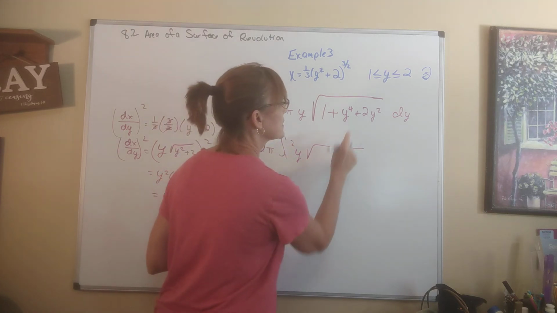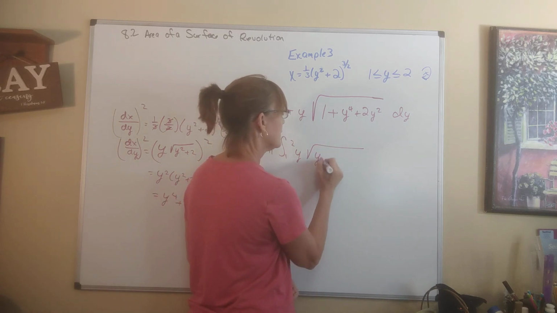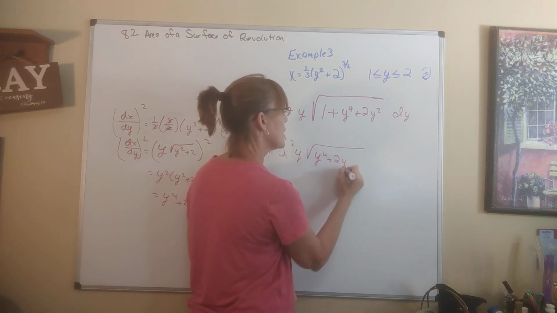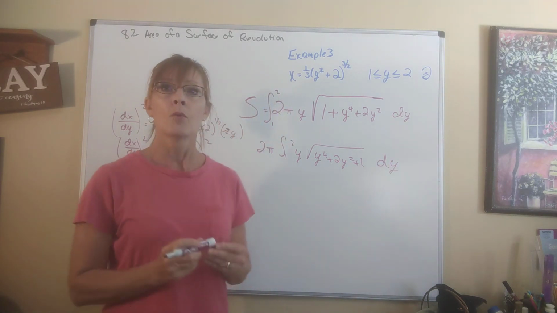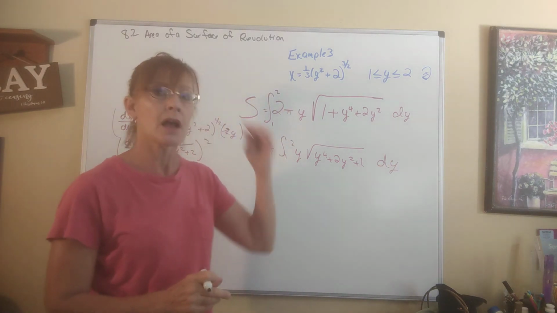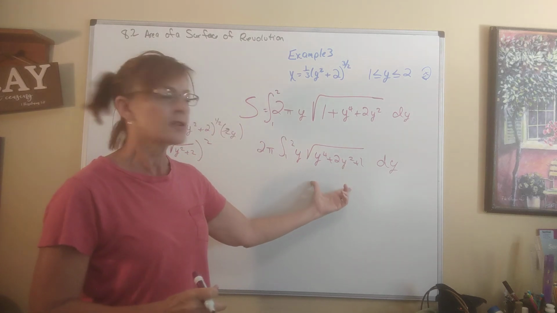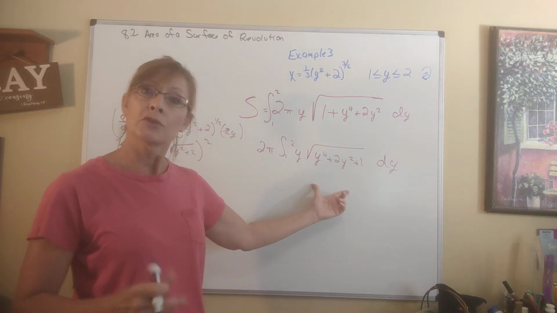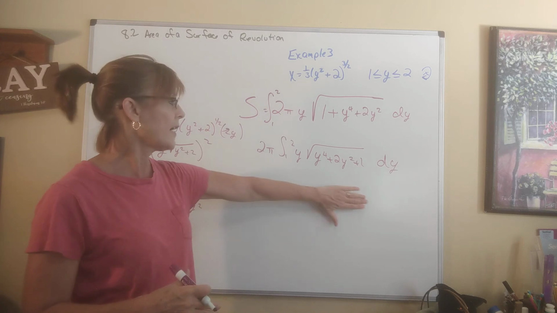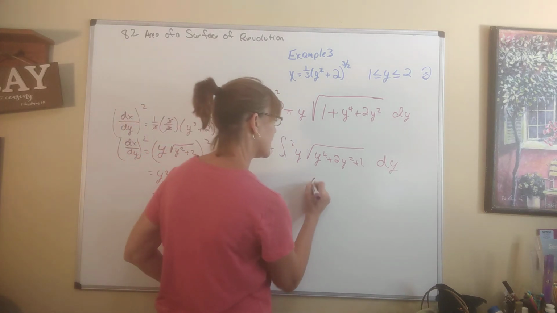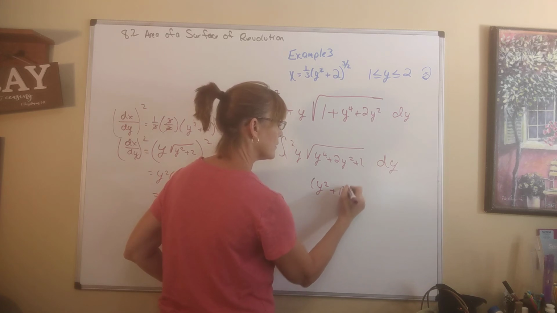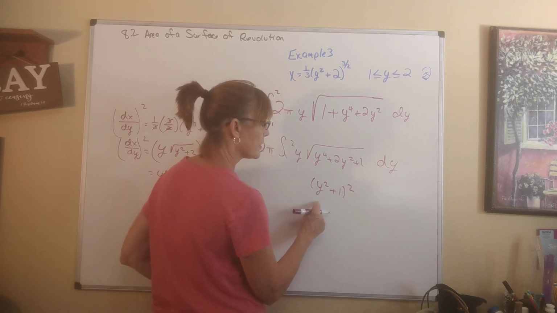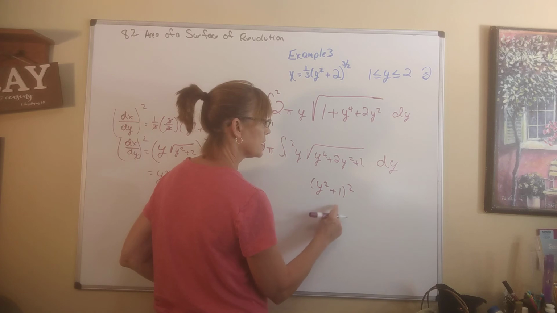And underneath here, let's look at what we've got: y to the 4th plus 2y squared plus 1, dy. So, what can I do with this? This turns out to be a perfect square trinomial. If I factor this, it will factor nicely into (y squared plus 1) quantity squared. That's y to the 4th plus 2y squared plus 1.